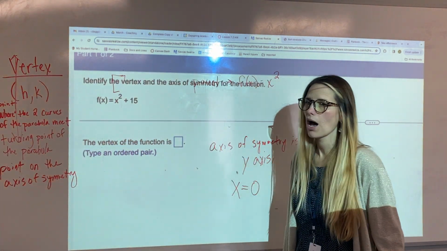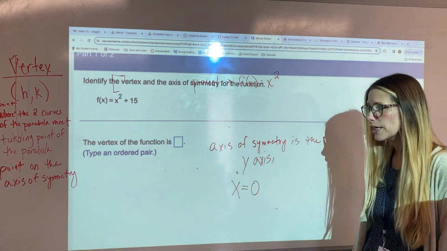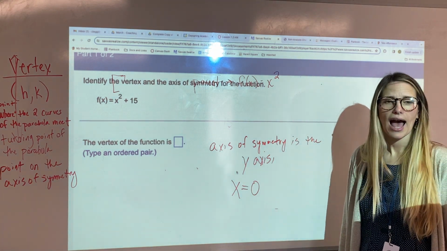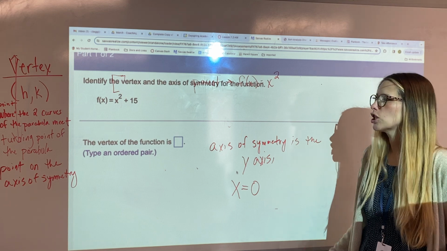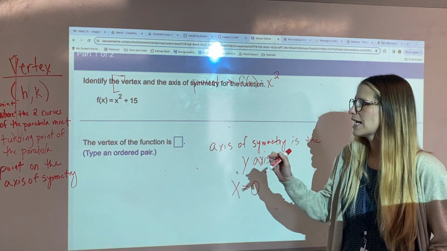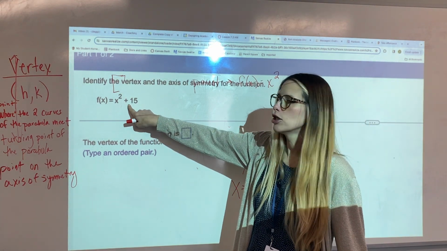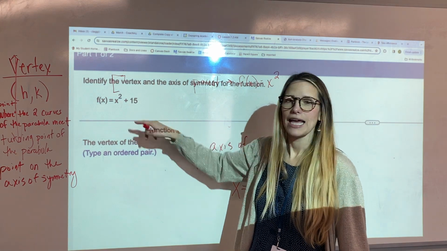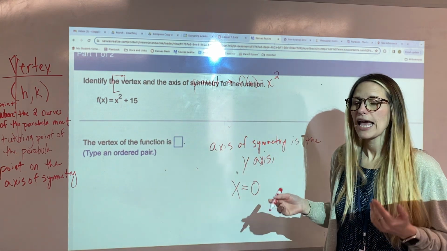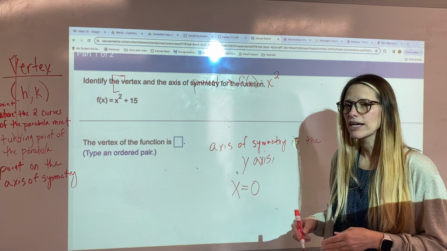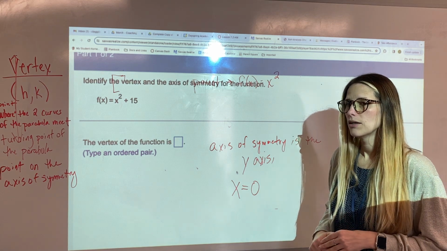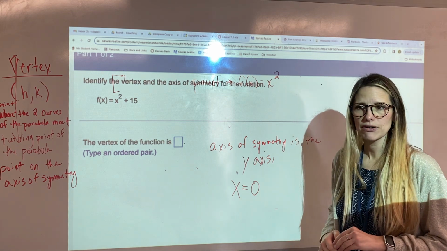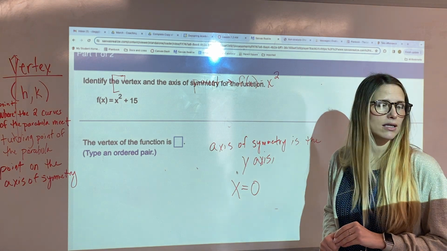Do you see how the mommy and daddy and the little boy have the same axis of symmetry? Because the only change is that this shifted upward. It didn't shift left or right. If it did shift left or right, would the axis of symmetry still stay the same, or would it be different? It would be different.